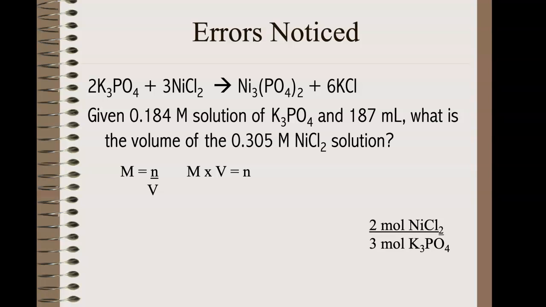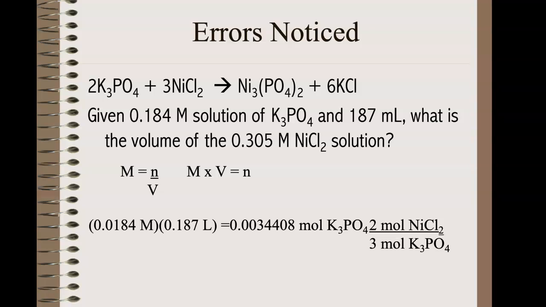Once you figure out moles of potassium phosphate, you can determine how many moles of nickel 2 chloride are needed, the NiCl2. And so all you would need to do is take your molarity times your volume, and that's going to give you the number of moles of the K3PO4.